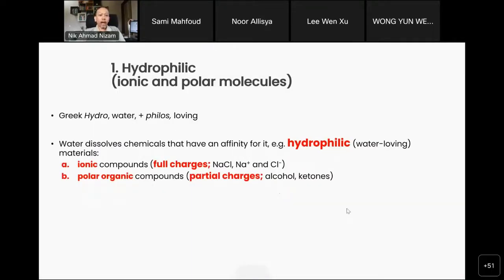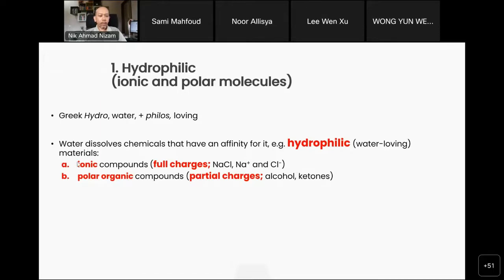So first we're talking about hydrophilic. The categories of molecules that are hydrophilic are ionic and polar molecules. Hydrophilic comes from the Greek hydro, water, and philos, loving. Water-dissolved chemicals have an affinity for it, so we call it hydrophilic, or water loving.